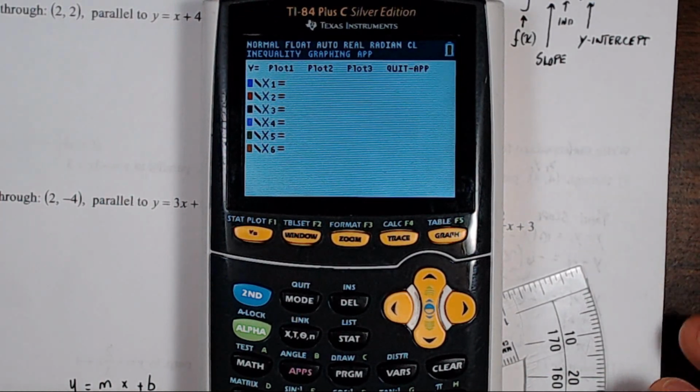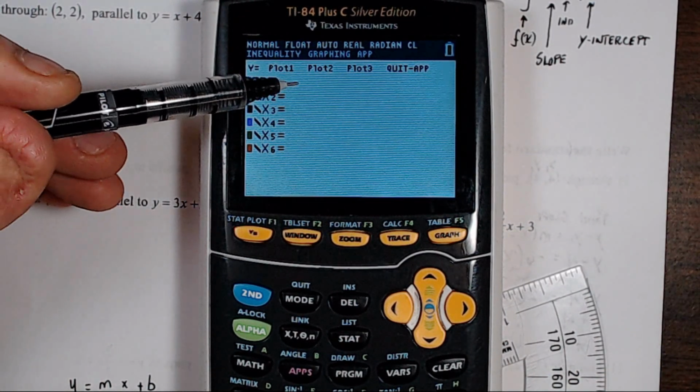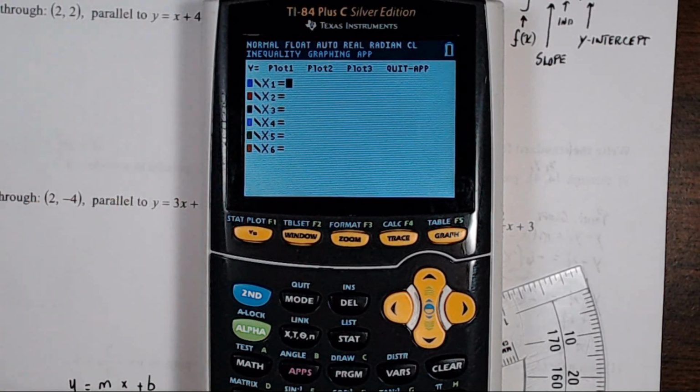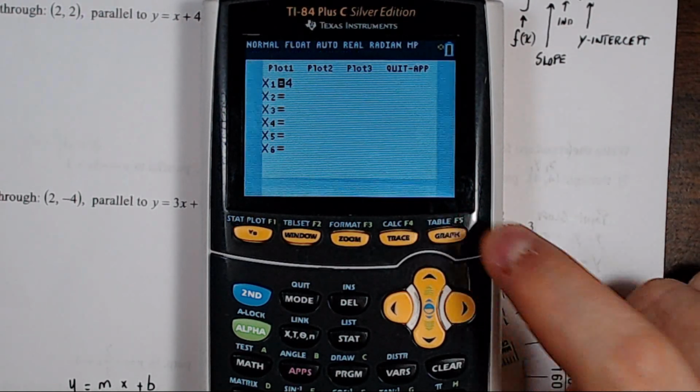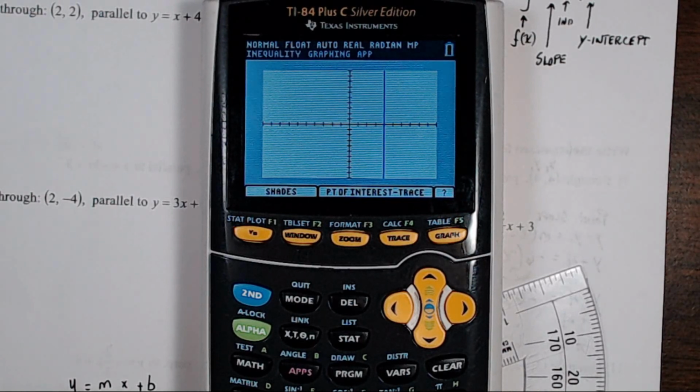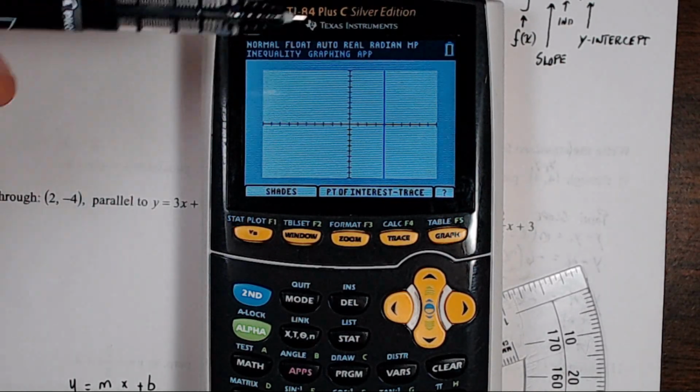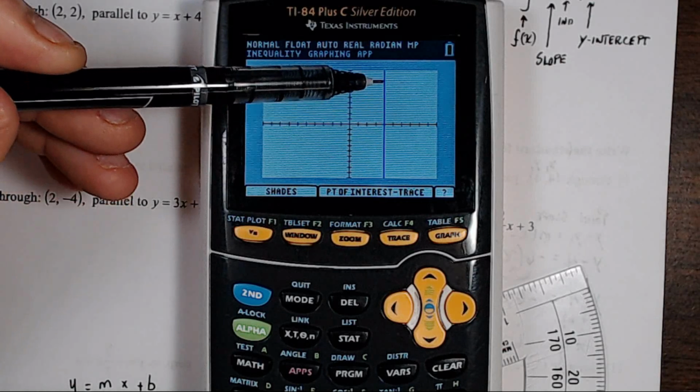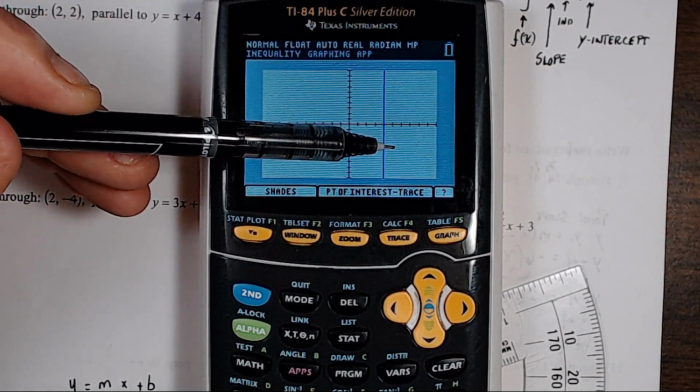Okay, so let's put in here x equals 4, and now I want to hit graph. What it graphed is this blue line. It's a perfectly vertical line.